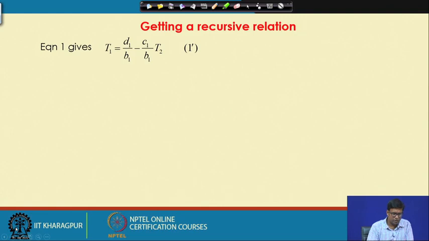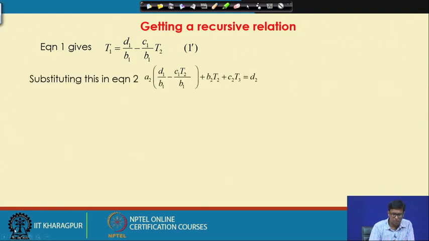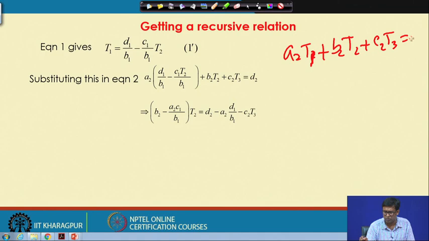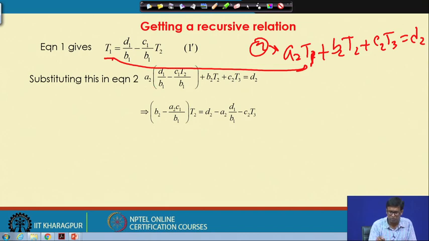Now, if we substitute this into equation 2, equation 2 was basically A2 T1 plus B2 T2 plus C2 T3 is equal to D2. So, if we substitute this T1 into equation 2, we will get A2 into this particular term plus B2 T2 plus C2 T3 is equal to D2.